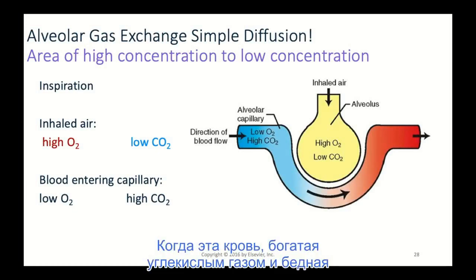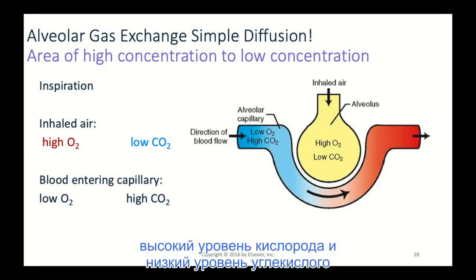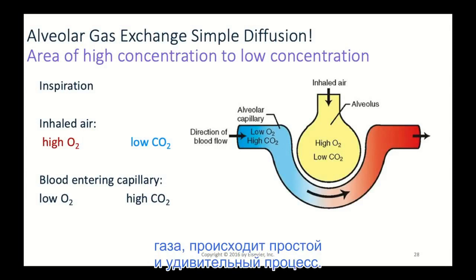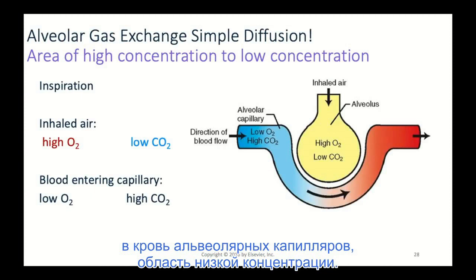So as this low oxygen, high carbon dioxide blood circulates right next to an alveolus that contains high oxygen, low carbon dioxide, something easy and amazing happens. Oxygen diffuses from the alveolar air, an area of high concentration, into the blood of the alveolar capillary, an area of low concentration.